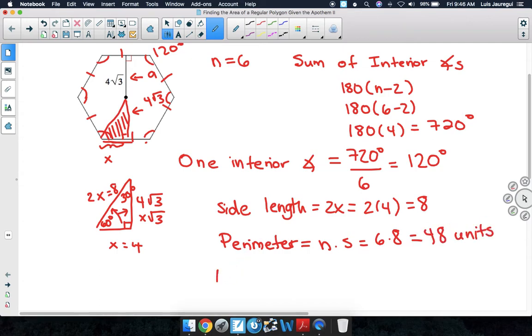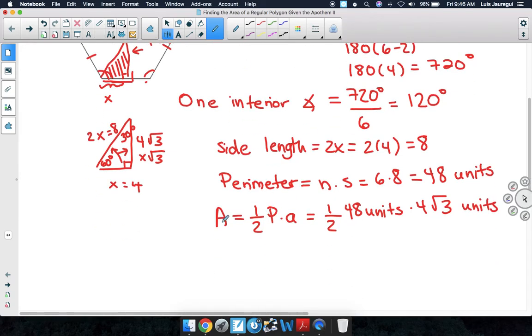Now, to figure out the area, we're just going to multiply 1/2 times perimeter times the apothem. In this case, we're going to have 1/2 times the perimeter, which is 48 units, times the apothem, which is 4 times the square root of 3 units. Now, notice that this is equal to half of 48, which is 24 units, times 4 square root of 3 units.